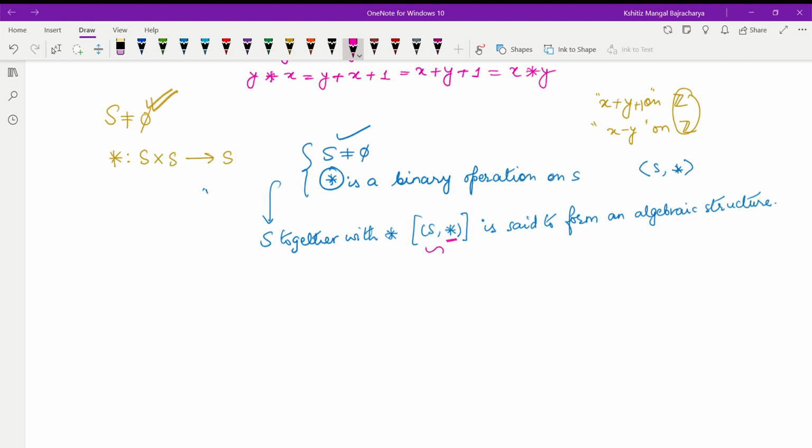And what we are going to study is groups. Group, which we are yet to define, is an example of an algebraic structure with one binary operation.